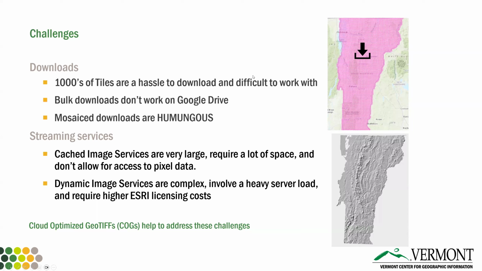In terms of streaming, we have the cache and the dynamic. Those are our options. Cache services are really performant, but they're what I call dumb maps. There's no information there. They render quickly. They're snappy, but you don't have any access to pixel data. And from what we can tell, the most recent release doesn't.